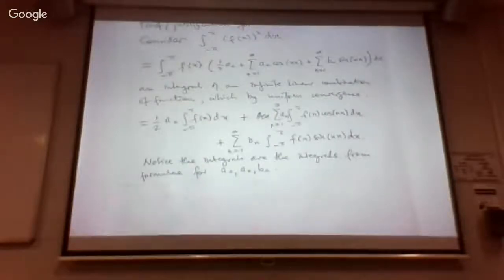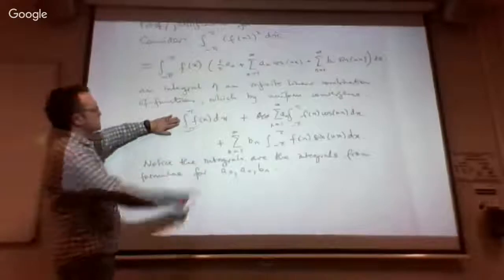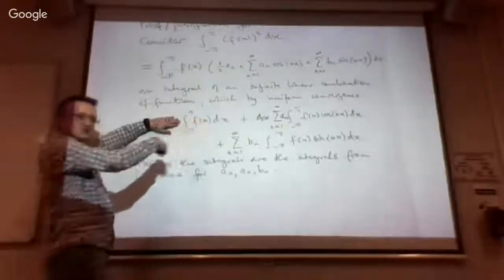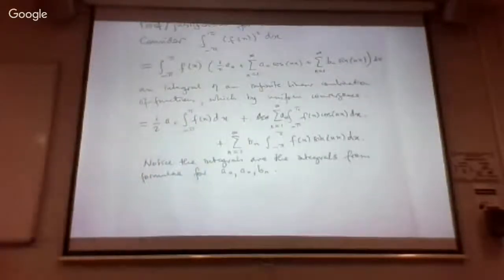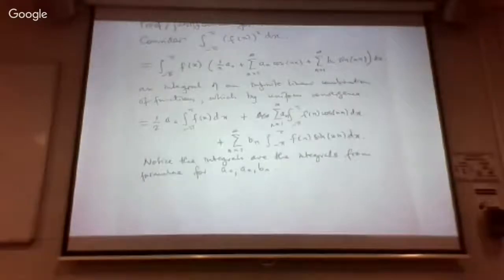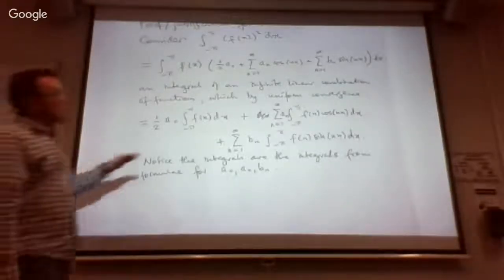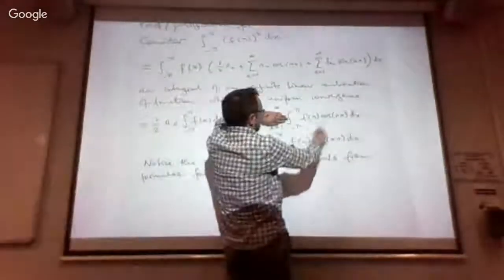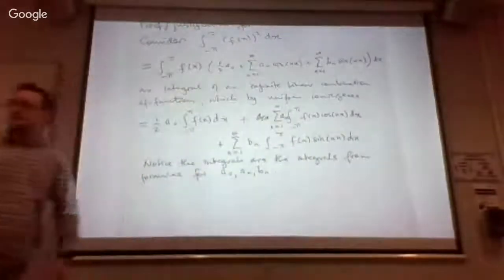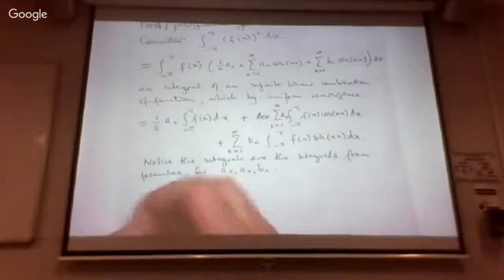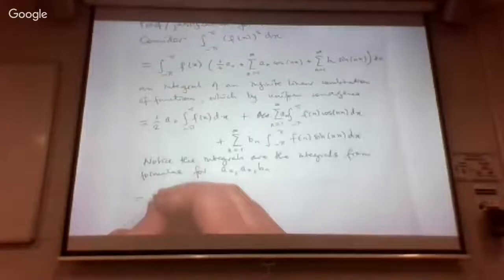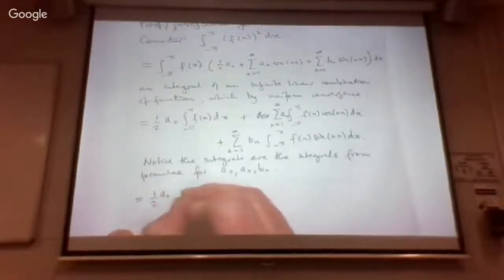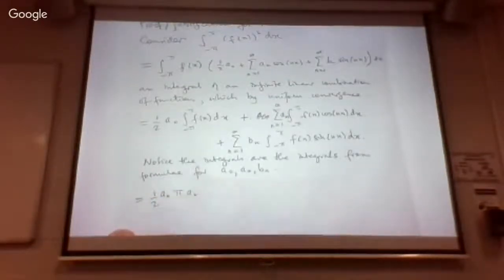If you look back at what the formulae actually are, 1 over pi times this integral gives us the quantity a0. And it's 1 over pi times this integral that gives us the quantity an. So this sum that I'm developing here will become a half a0 times pi a0.